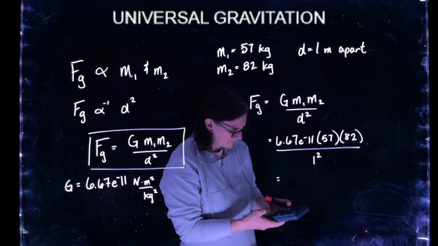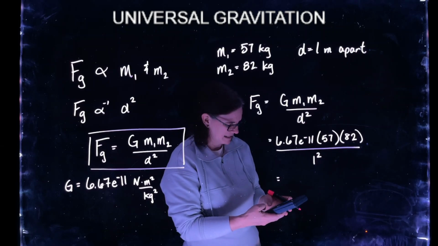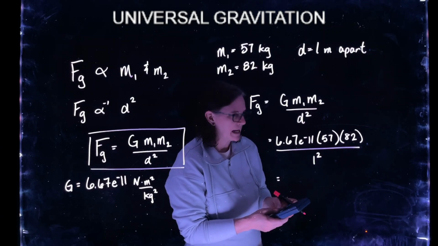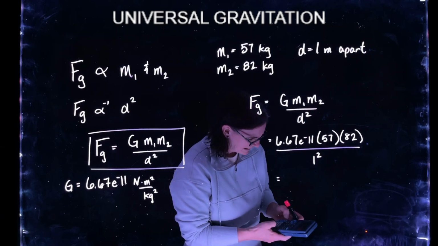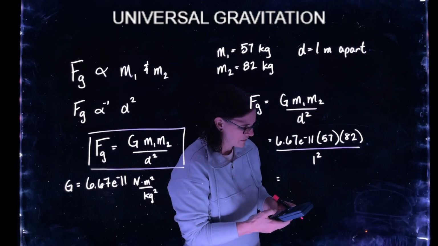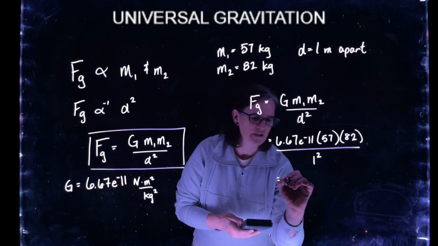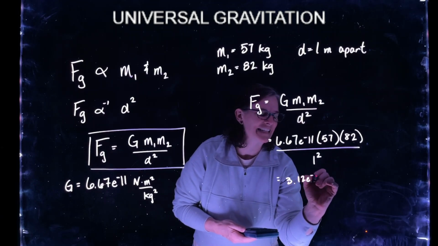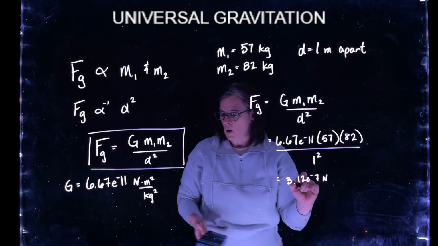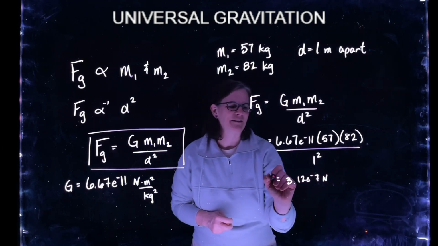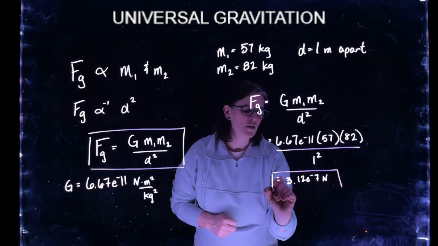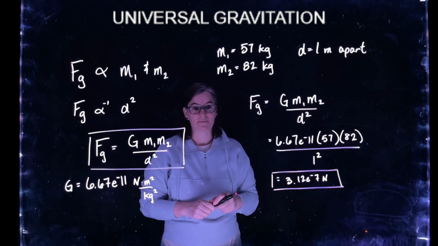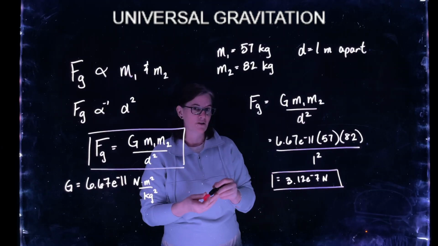And we have 6.67 times 10 to the negative 11 times 57 times 82 divided by 1 squared, which of course is just 1. And we find a force of 3.12 times 10 to the negative 7 newtons. That is a very, very tiny force. So even though that force exists, it's very, very small. We don't notice it in our day-to-day interactions.